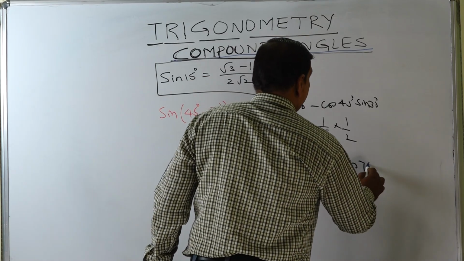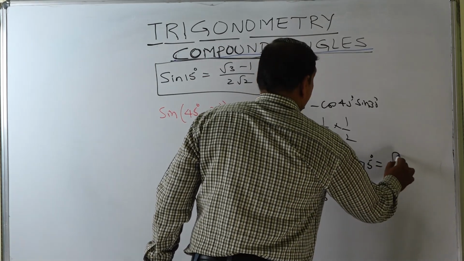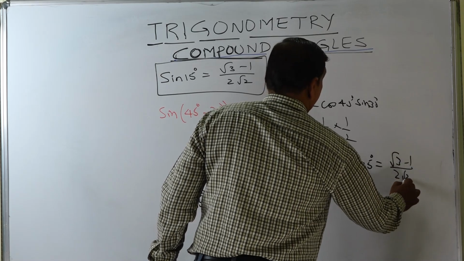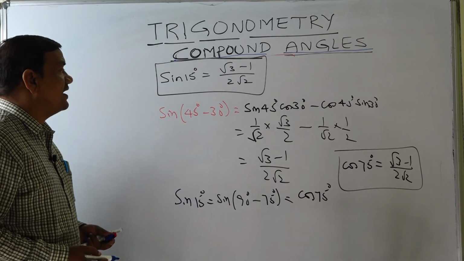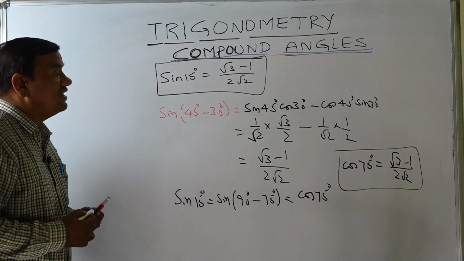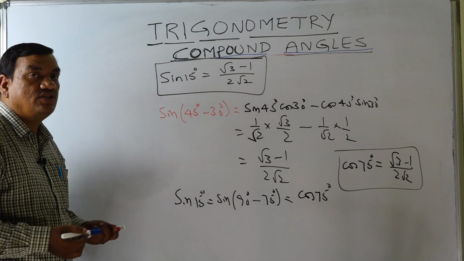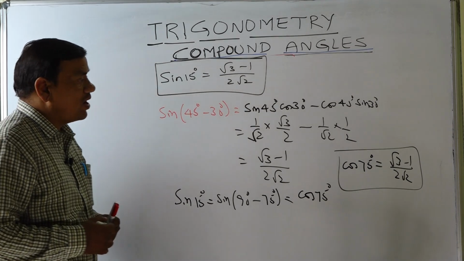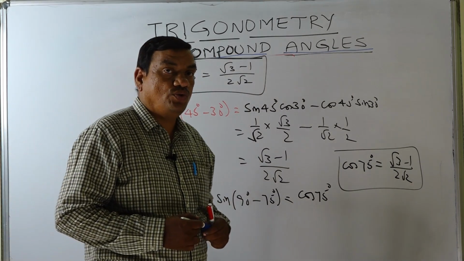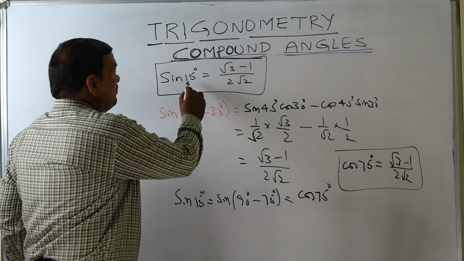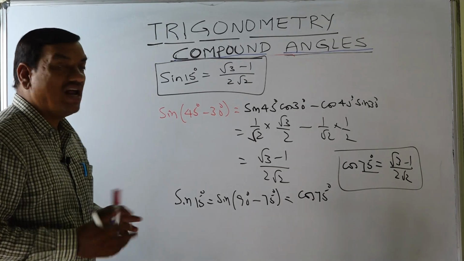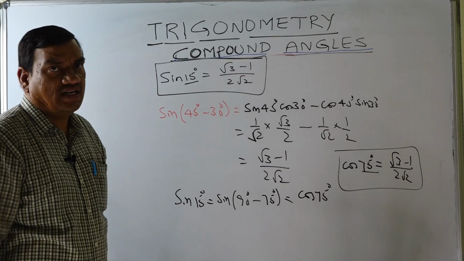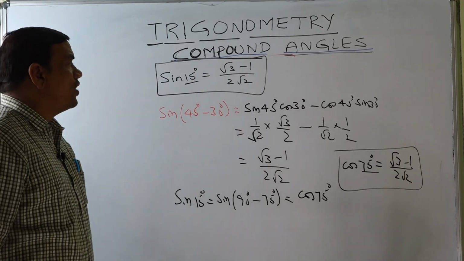Therefore, cos 75 degrees value is also (root 3 minus 1) upon 2 root 2. The only thing is here 15 plus 75 is 90 degrees. Therefore, the sin value and cos value will be same for such complementary angles. I hope that you understand this solution.